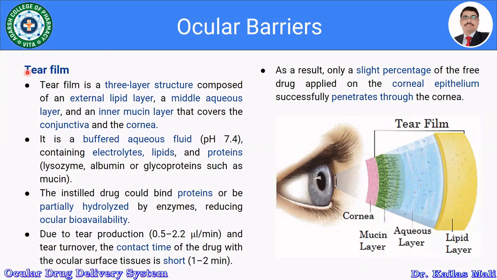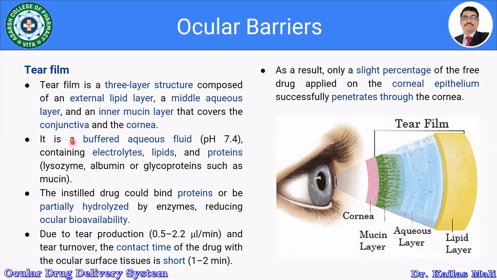Let us see the tear film. Tear film comprises the lipid layer, the middle aqueous layer, and the innermost mucin layer, which is present on the cornea. So the tear film is a 3-layered structure composed of an external lipid layer, middle aqueous layer, and inner mucin layer that covers the conjunctiva and the cornea.